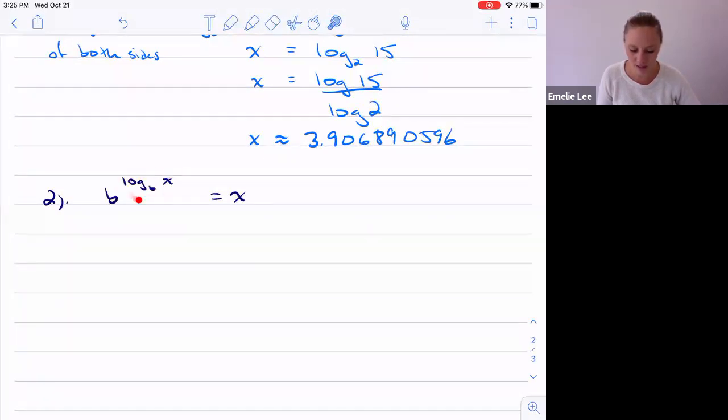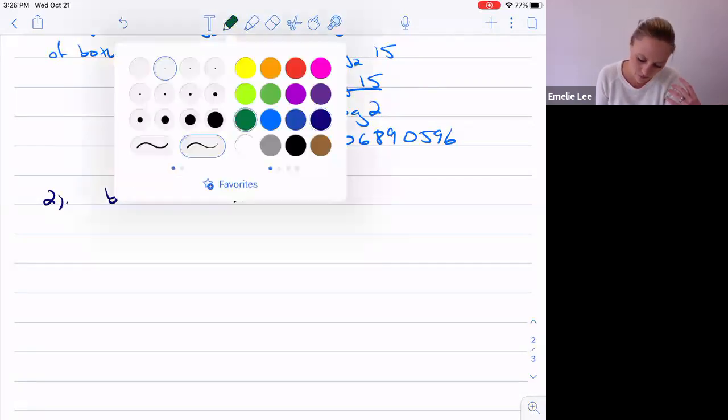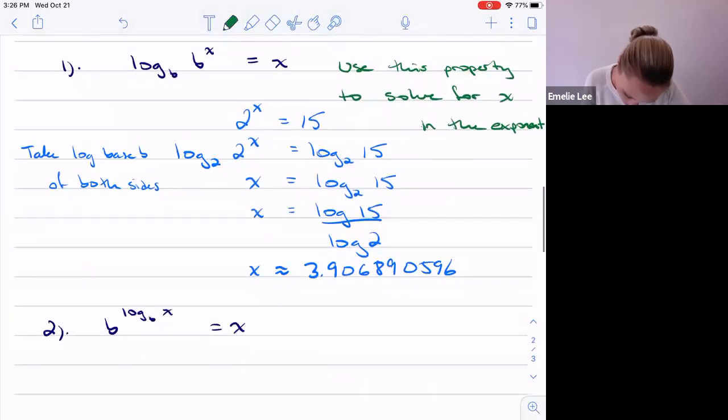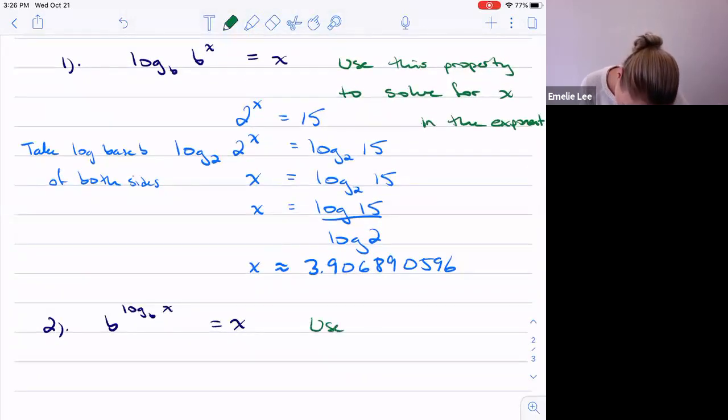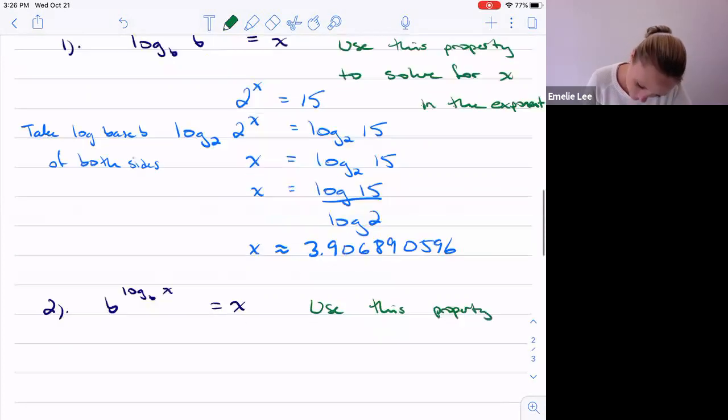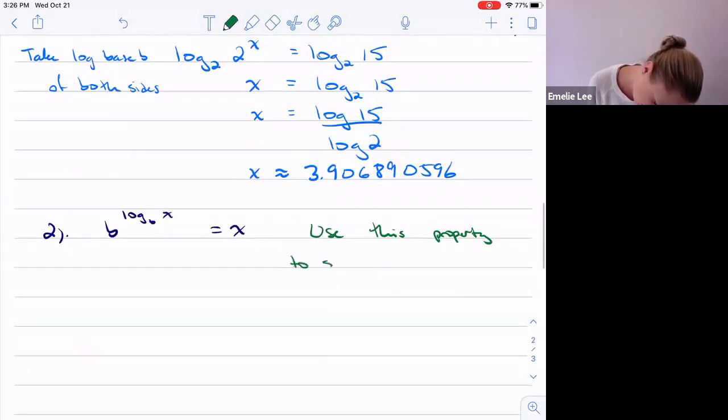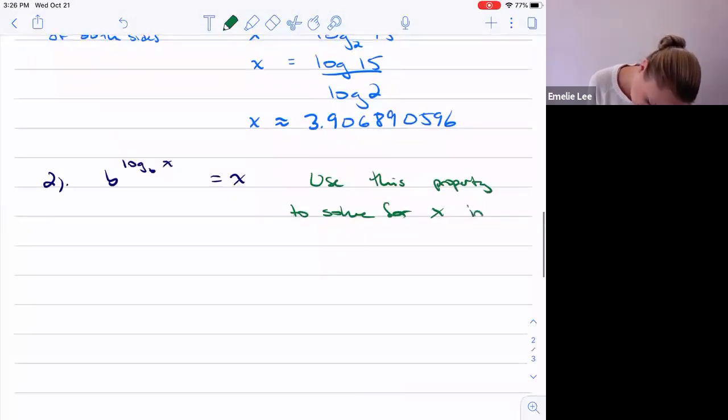Well, if I've got a log wrapped around an x, and I want to free that x, then what I do is I raise everything to the power of the same base as my log, and that's going to shake out my x. I want to use this property to solve for x in a log.